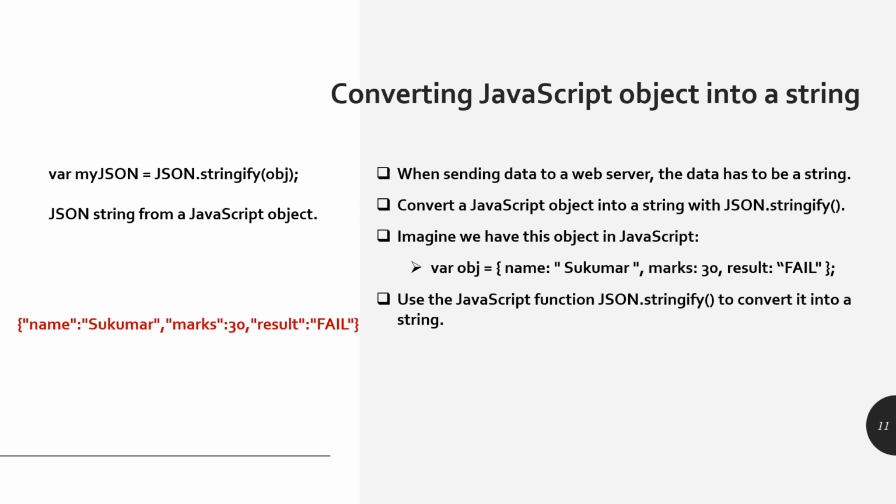There is a function called JSON.stringify. There you need to specify the object what you have. Here the corresponding JSON string we will receive. Converted string we will get in this variable.